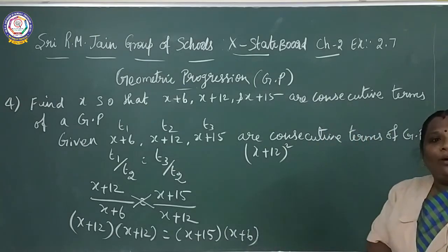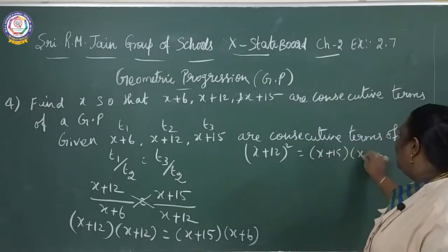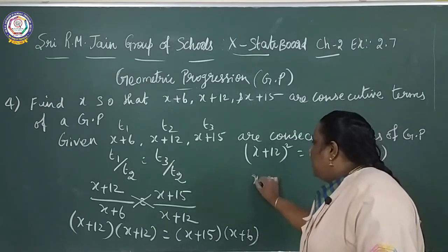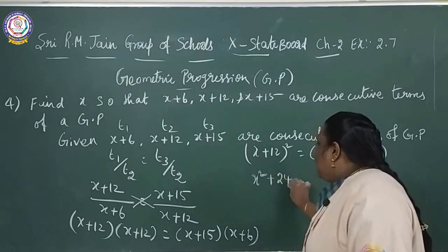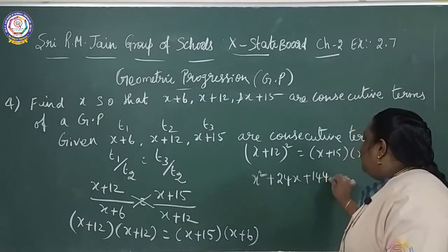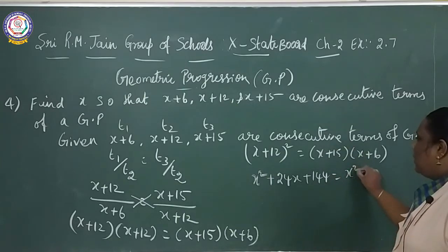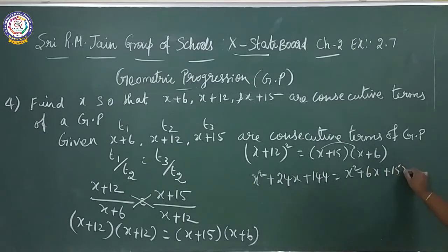Using the a plus b the whole square formula, a square plus 2ab: x square plus 24x plus 144 equal to x square plus 6x plus 15x plus 90.